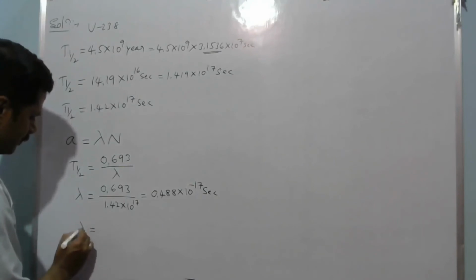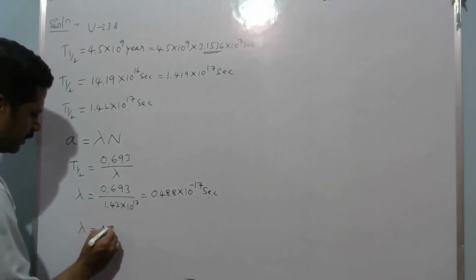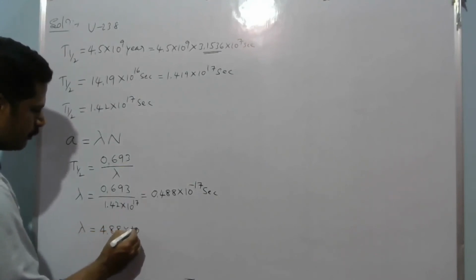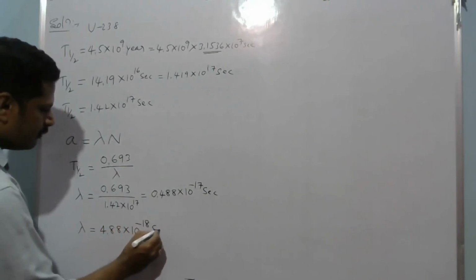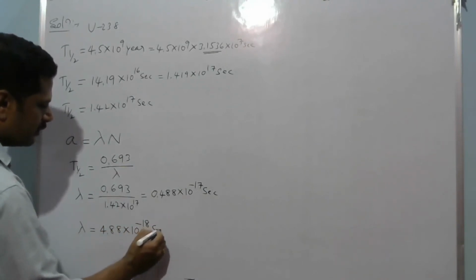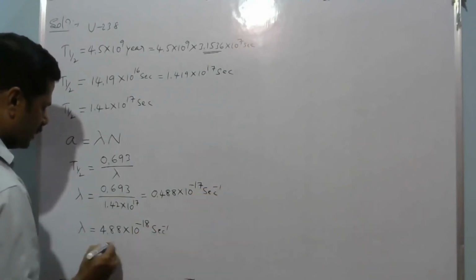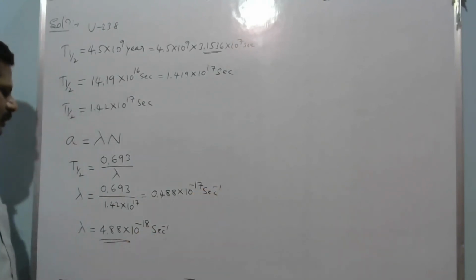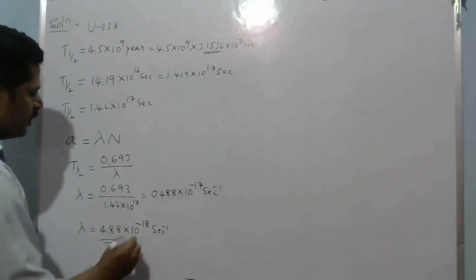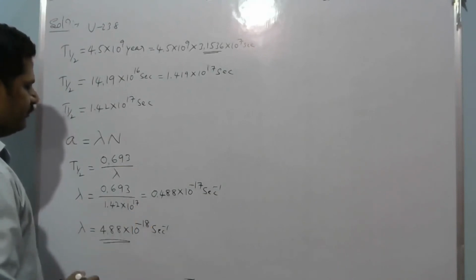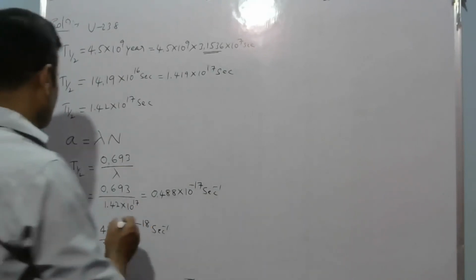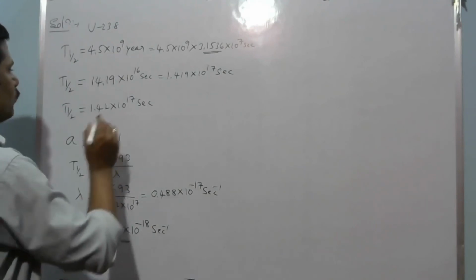Expressed to two decimal places, that is 4.88 into 10 to the power minus 18 per second. This is the decay constant. Now let me find out the number of atoms present in 1 gram of substance.